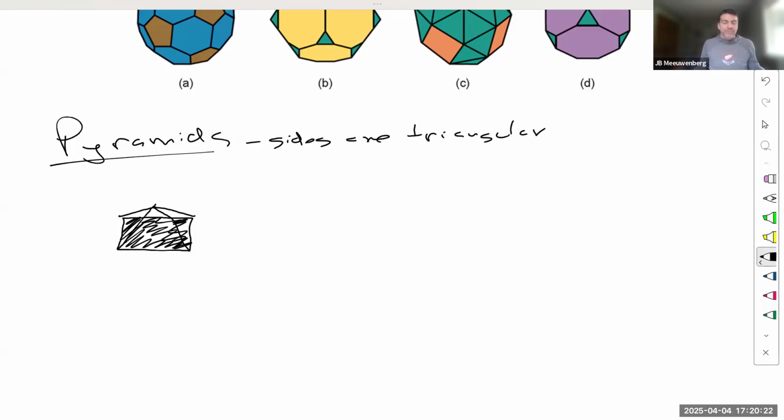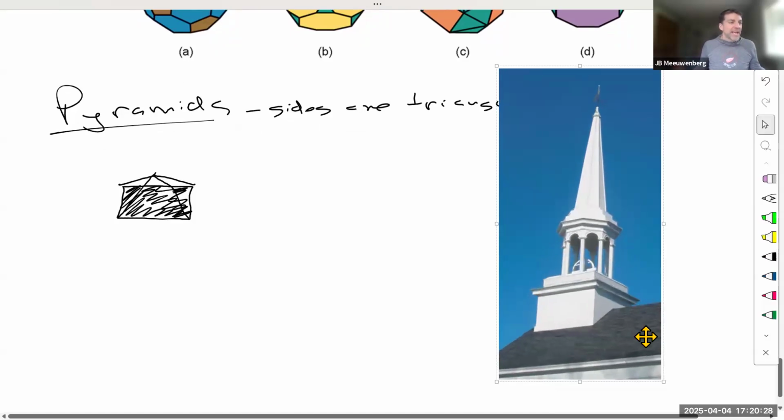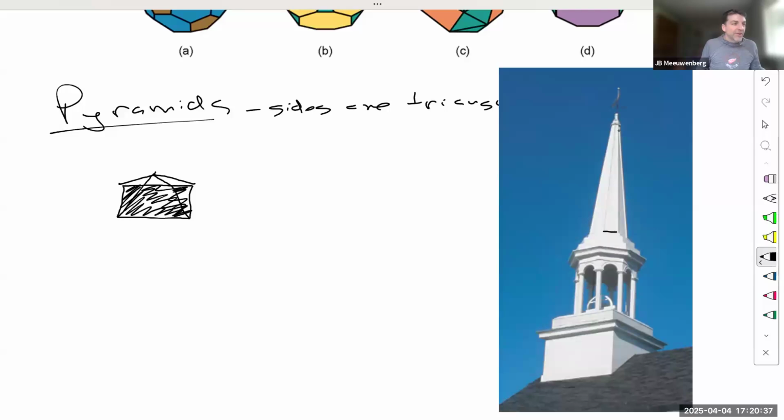At the top of churches, sometimes you will see a spire that looks something like this. And if you look carefully at that picture, you'll see that that is a triangle right there. It's going to be hard for me to trace that, but that is one big triangle, very tall, very narrow.